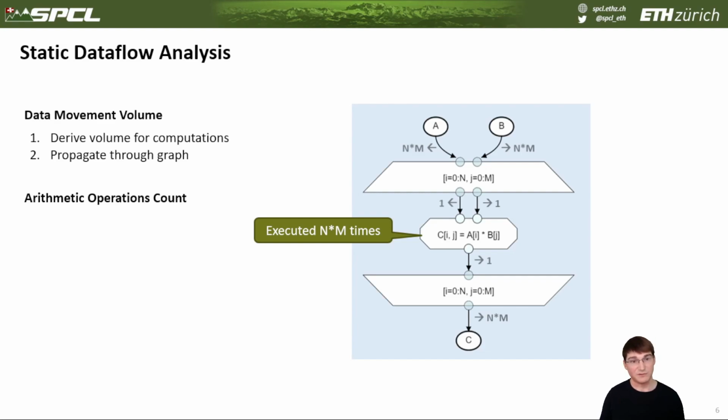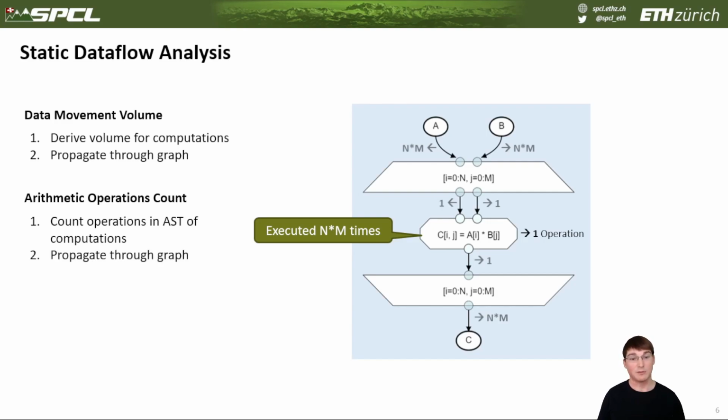We can proceed in a very similar manner, looking at the computations, and by parsing the abstract syntax tree inside of the computational nodes, we can derive the number of arithmetic operations for each computational node. And now we can propagate this information through the rest of the graph again, by knowing that the computation here is executed a total of n by m times, the entire parallel region contains a total of n by m arithmetic operations.